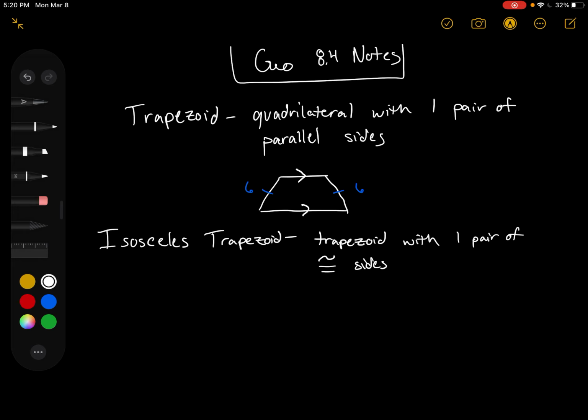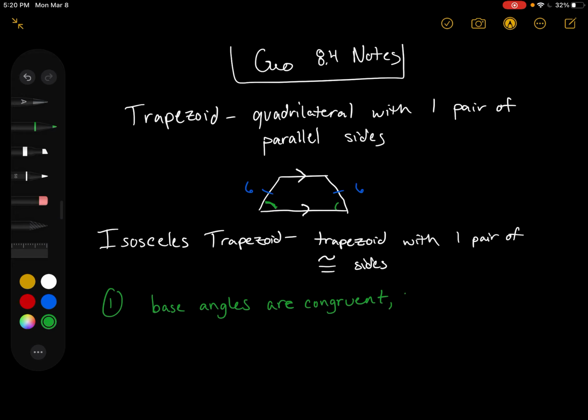Now, if we have an isosceles trapezoid, there are a few theorems or a few things that we can certainly say about them regardless of what's going on. So the first theorem is the base angles are congruent. So if we have congruent base angles, then we can say with certainty that it is an isosceles trapezoid.